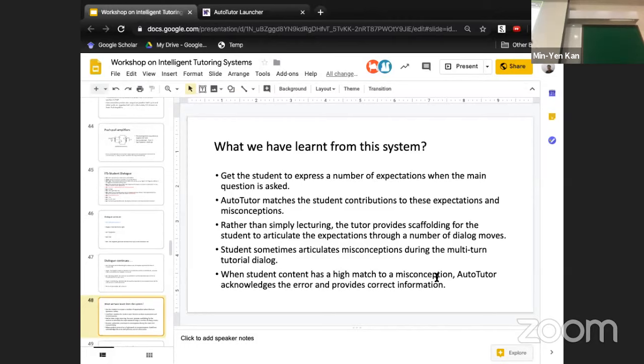If I answer it right, it just stops there, with no more responses, because it assumes you already understand that point. When the student content has a high match to the misconception, the tutor will acknowledge the error and provide you the correct information. So this is a way to establish such a tutor-student interaction. That's what we have learned from this system.